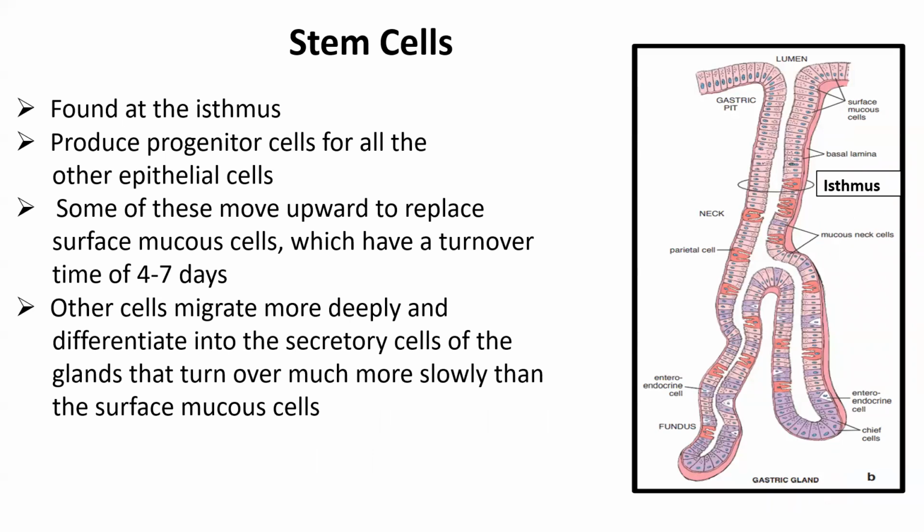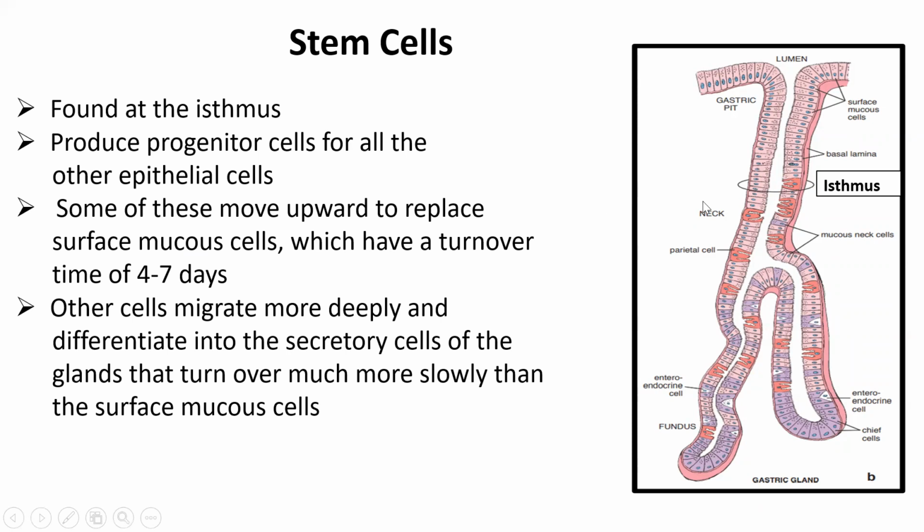Stem cells, again, these are the cells at the isthmus. We said this is the one that actually generates and replaces the cells found at the isthmus. They produce progenitor cells for all other epithelial types, so they replace the mucous cells, parietal cells, chief cells, anything. Some of these move upward to replace the surface mucous cells, which have a turnover, we said, of 3 to 7 days.